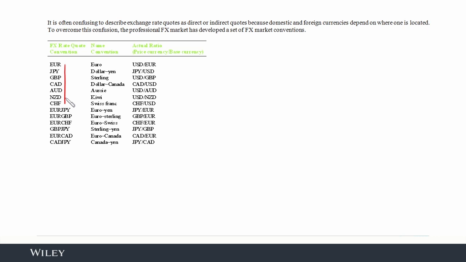Now first I need to emphasize that an exchange rate, which always involves two currencies, is different from referring to a single currency in its own right. So for example, when we refer to the euro or the EUR, we are usually referring to the currency in the Eurozone, which is denoted by this symbol right here.